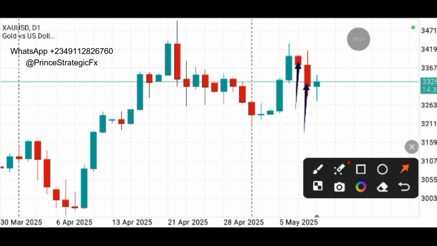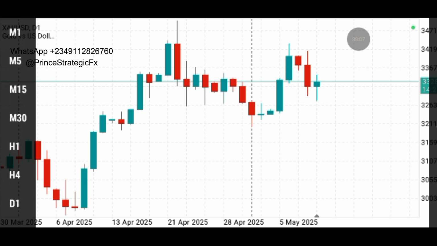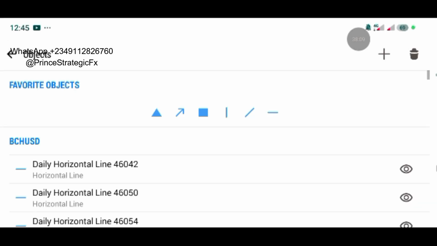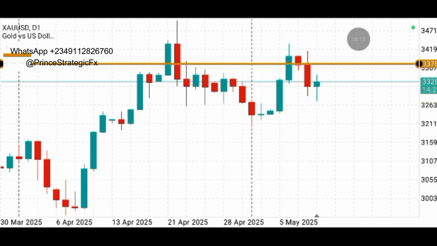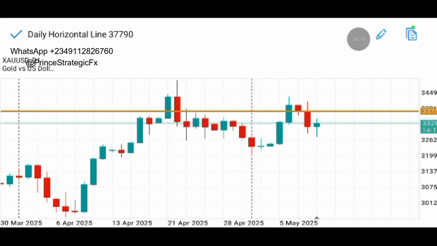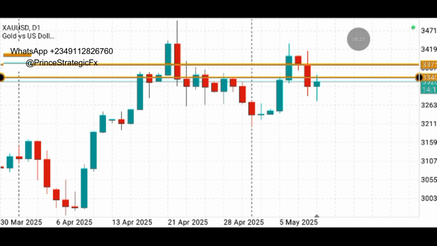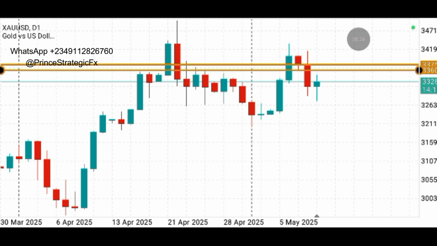So what did I do that actually made me that profit? Simple. I head over to my horizontal lines again. I picked the close of the previous daily candle, and I also picked the week. That's exactly what I did.